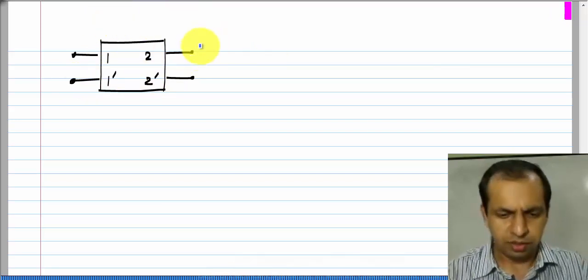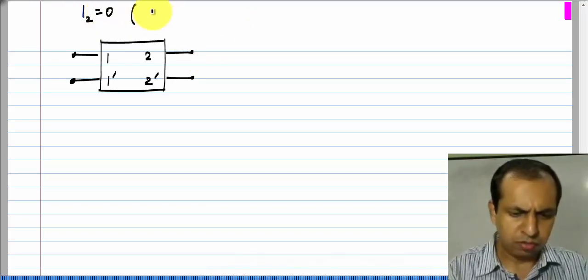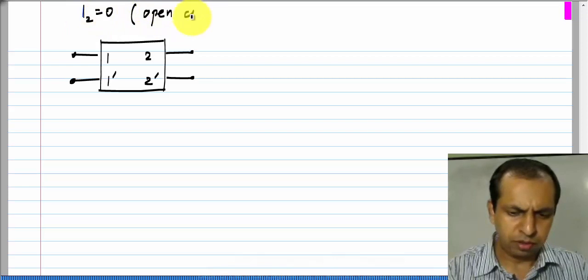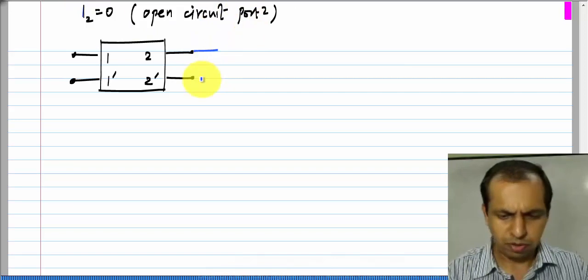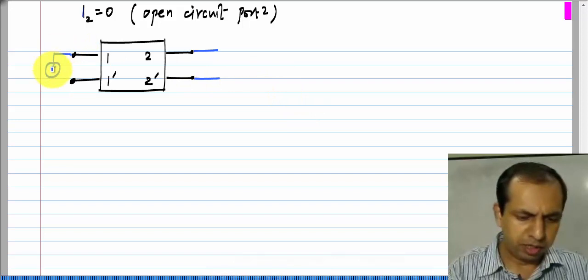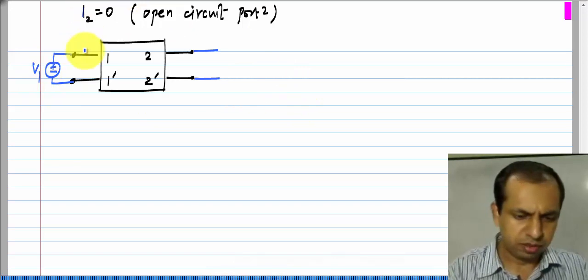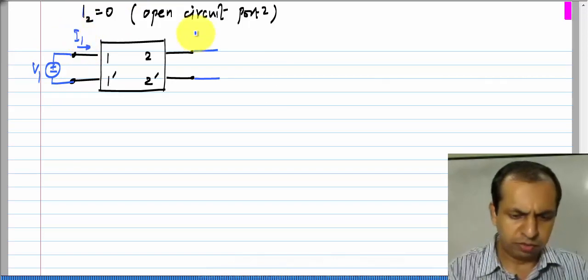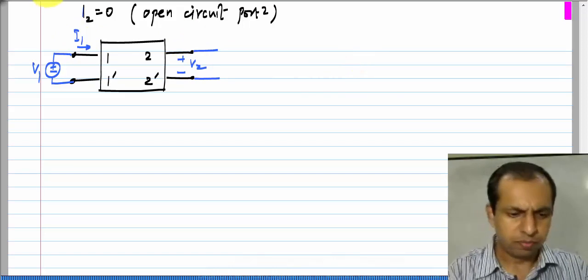First we set I 2 to 0, which means that we open circuit port 2, and apply a voltage V 1 to port 1, and then we measure I 1 and V 2.